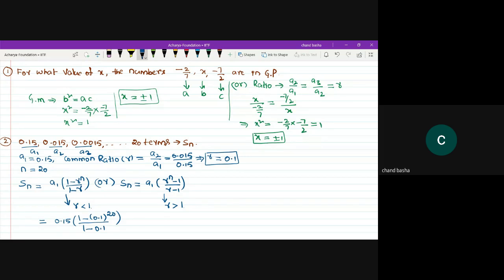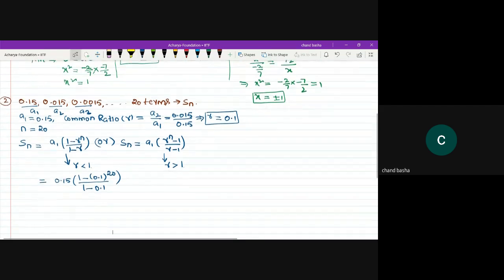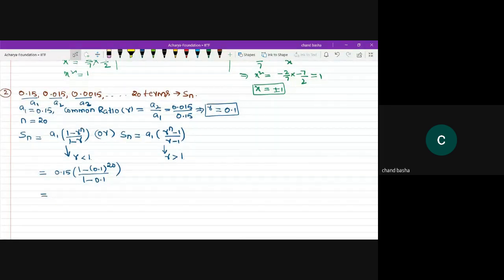This is equal to that. You can keep it in decimal fractions only, but I can get 0.15 divided by 0.9, 1 minus 0.1 whole power 20. So we cannot expand this 0.1 whole power 20. We can keep it as it is.